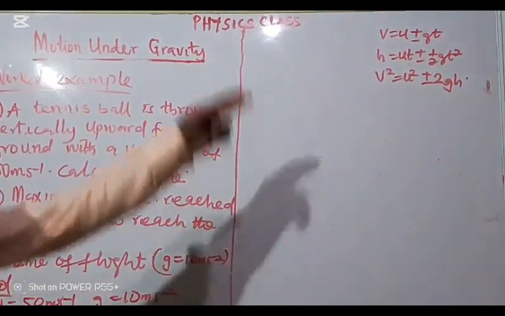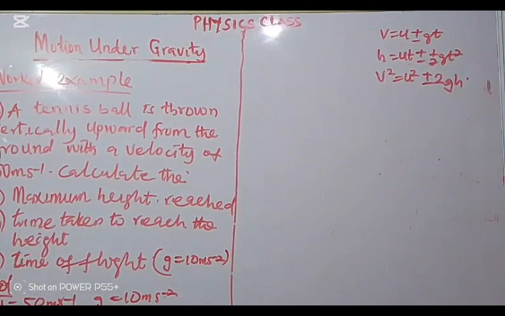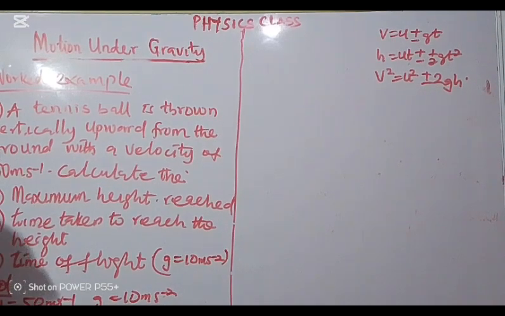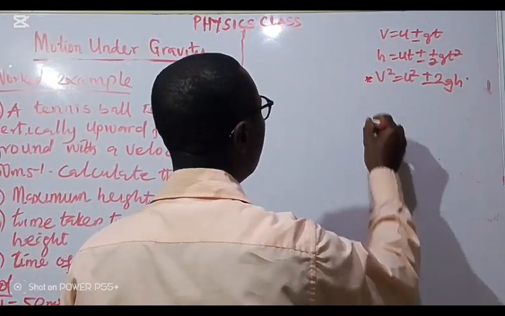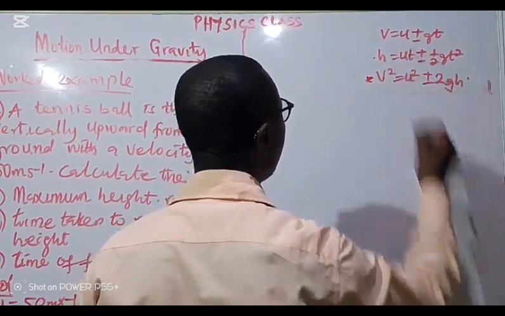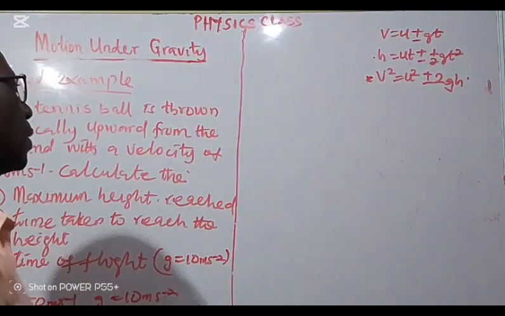Now, looking at the three formulas, according to the parameters given, the question asks us to calculate maximum height. It means we can only use equation 3. Equation 2 cannot be used because time is not given, and likewise equation 1.